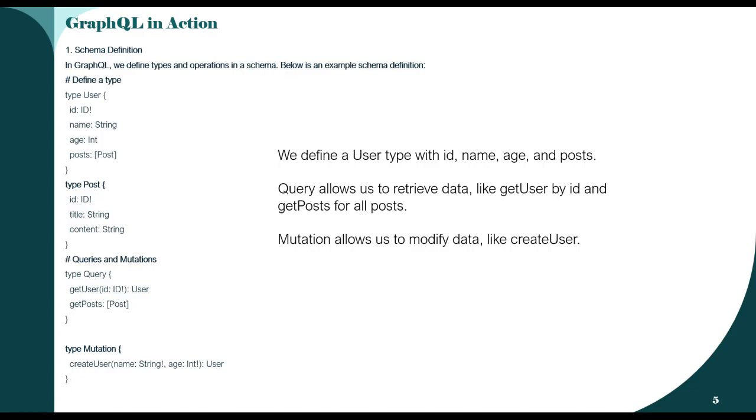After that we have defined the queries and the mutation. Remember, query is only for the read-only part, where we get data, and mutation is where we want to update, create, or delete something, so that's where we allow modification. This is the schema definition we should define in general in GraphQL.